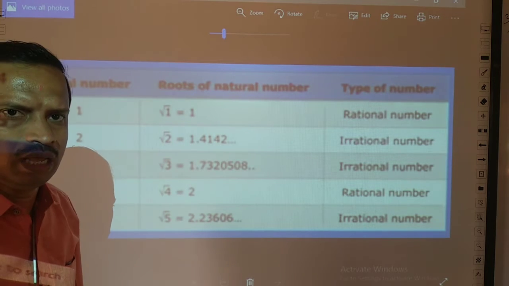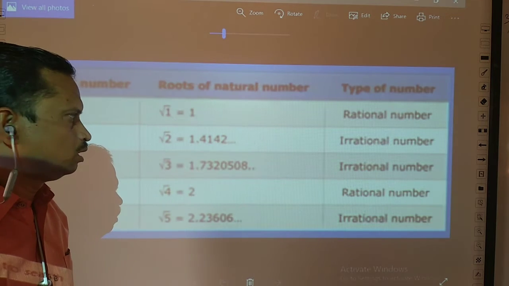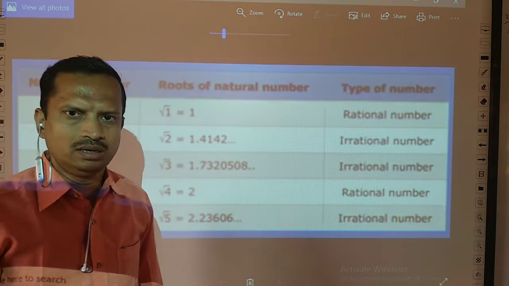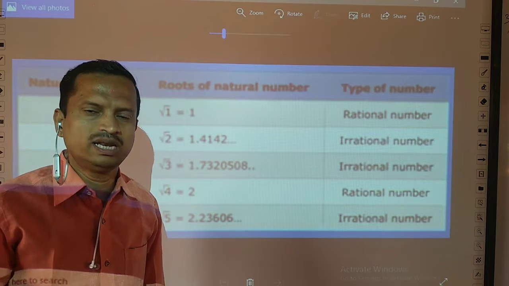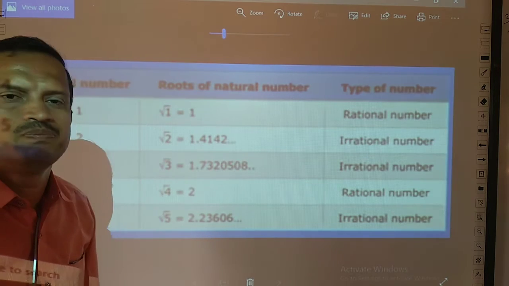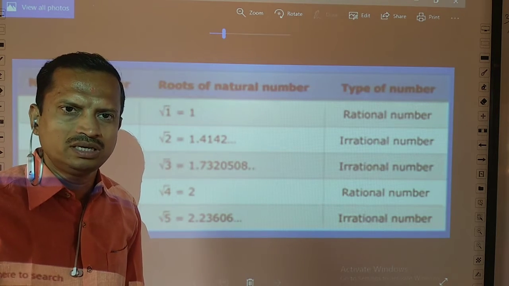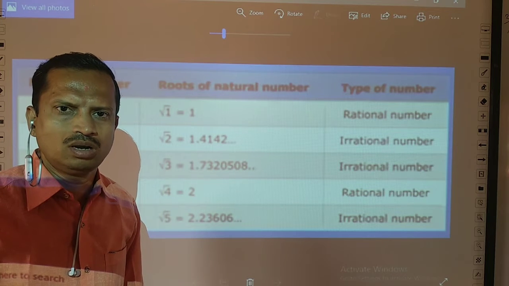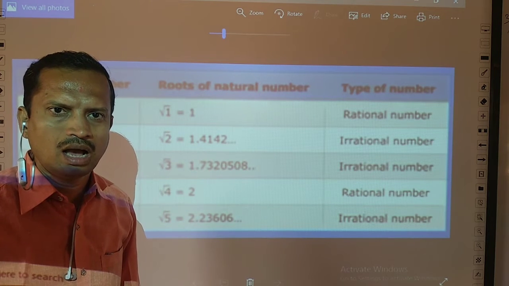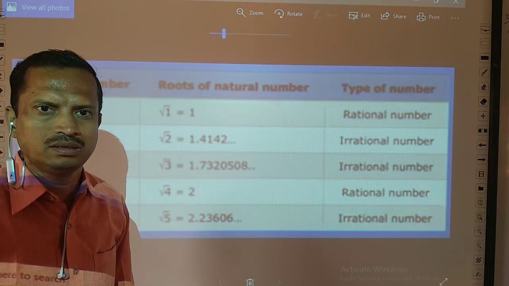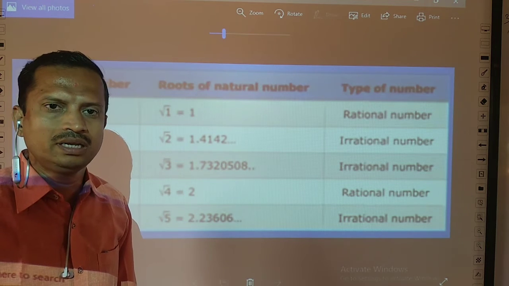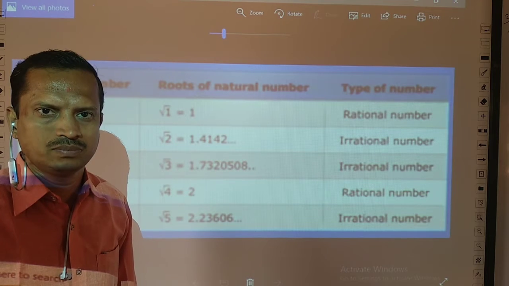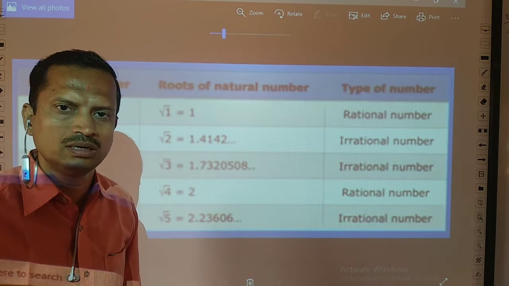So, irrational number. Generally we can say, in decimal expansion, if after the decimal point the digits are non-terminating but repeating, it comes under rational, and non-terminating, non-repeating comes under irrational.